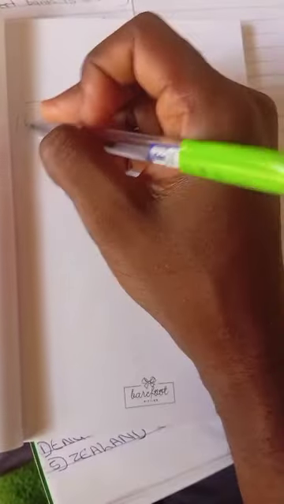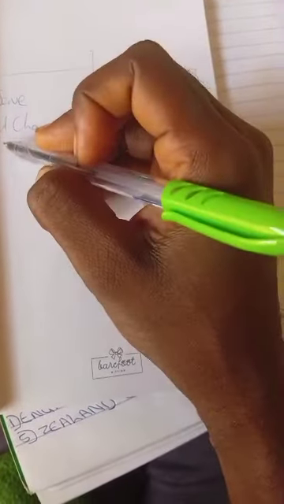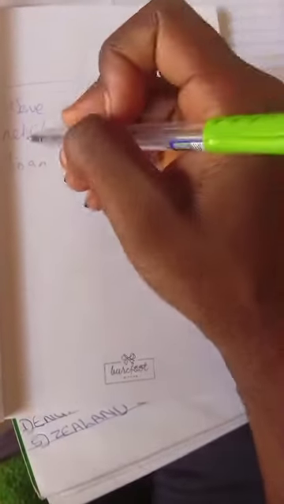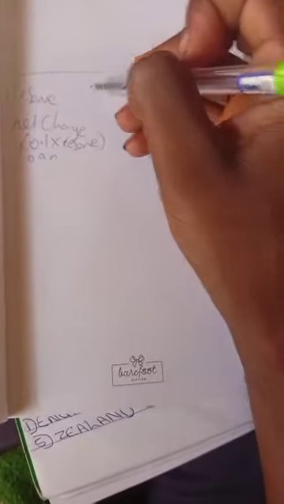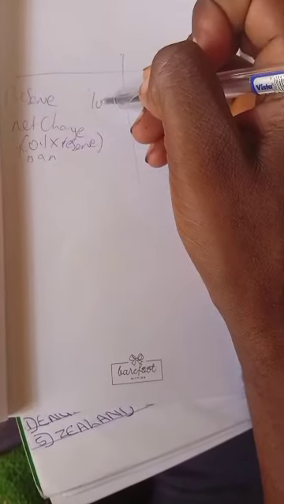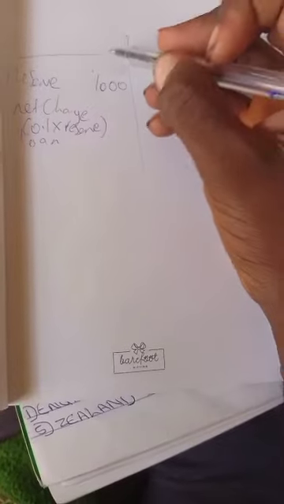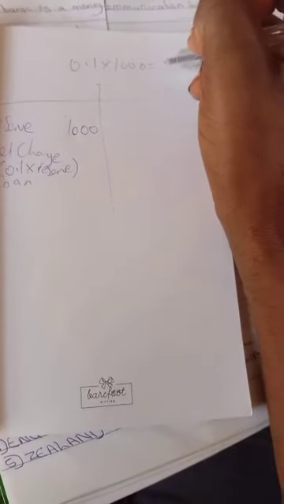So what we have first will be the reserve, the net change. So this answer now, you start getting them. 900 here. This net change goes by 0.1 times what? The new reserve. The first reserve we have, before in the question, was 1,000. Then 0.1 times reserve, here was 0.1 times 1,000, which is 100.